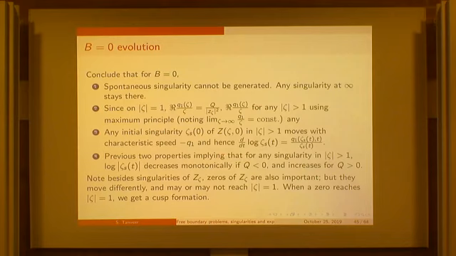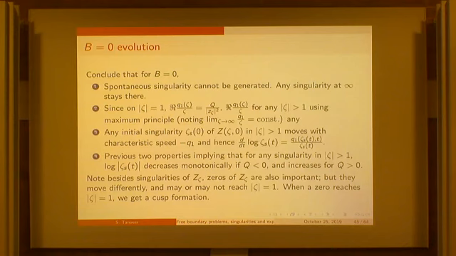Now if this is true on the boundary and Q1 over zeta goes to a constant at infinity, then by applying the maximum principle, you know that this property, real part of Q1 over zeta, is greater than 0 when Q is positive and less than 0 when Q is negative. That property extends everywhere outside the unit circle.